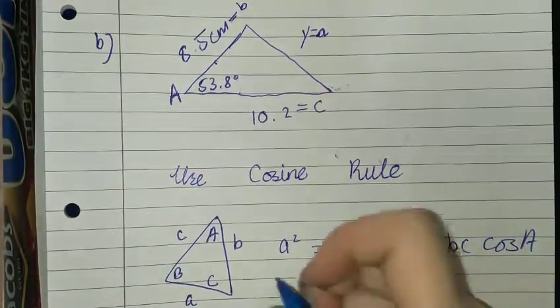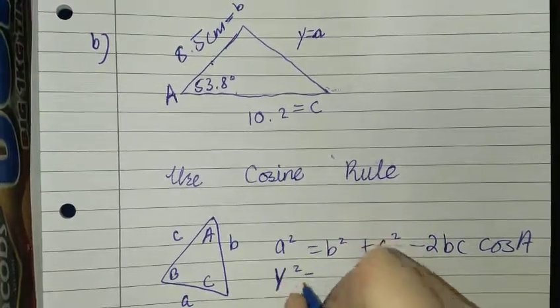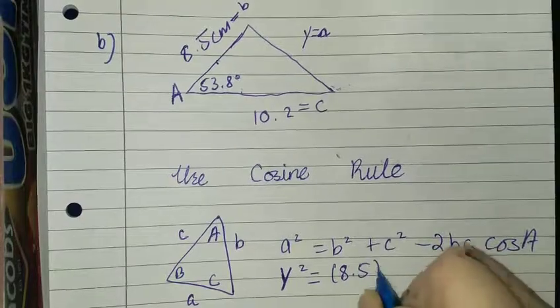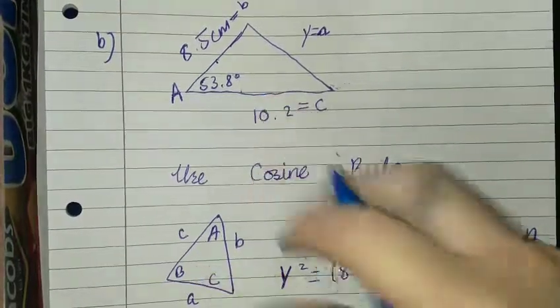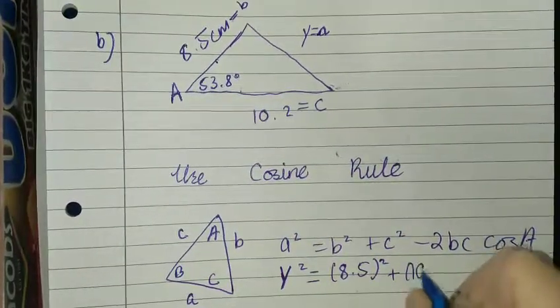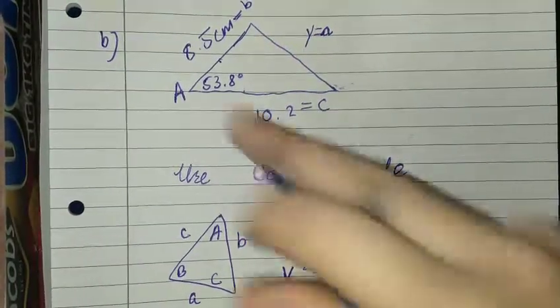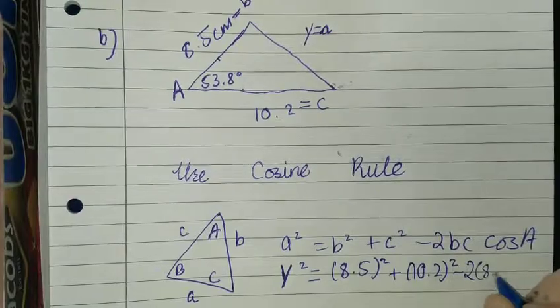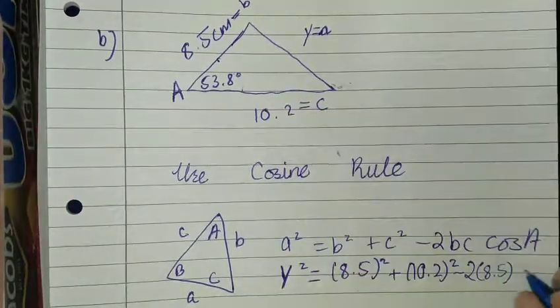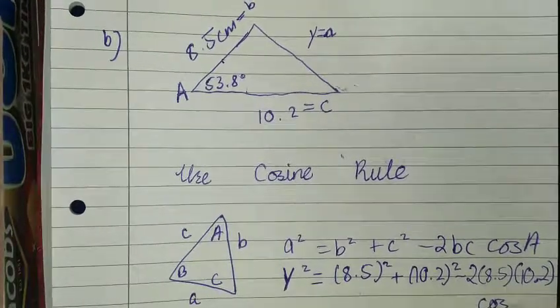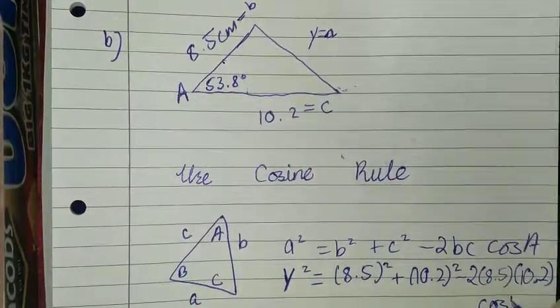So instead of A squared, we'll put y squared is equal to B squared, which we let equal 8.5 squared, plus C squared, which we said was 10.2 squared, minus 2BC, so 2 by 8.5 by C, which is 10.2, and I'm just running out of space, and then cos A, which is 53.8.